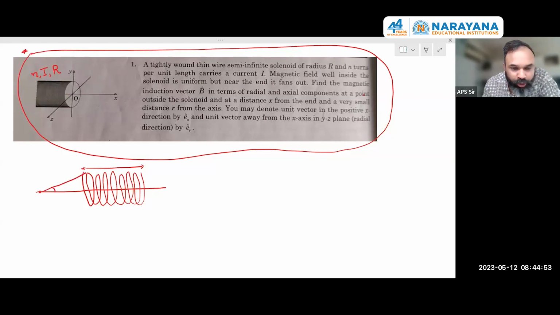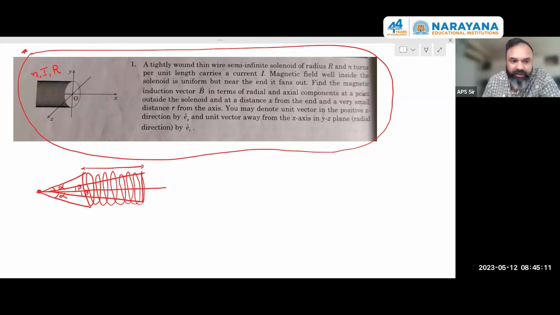So basically you form a cone in 2D. The semi-vertex angle of this cone is alpha, and the second end of the solenoid again forms a cone, and in 2D the semi-vertex angle is beta.